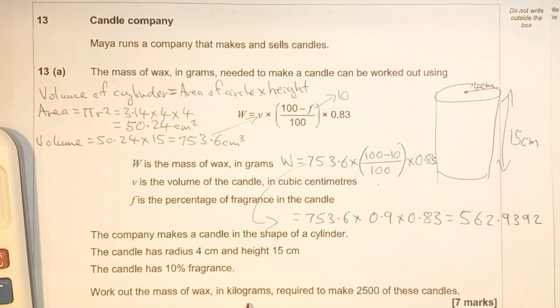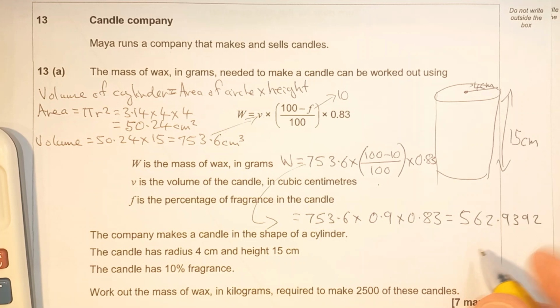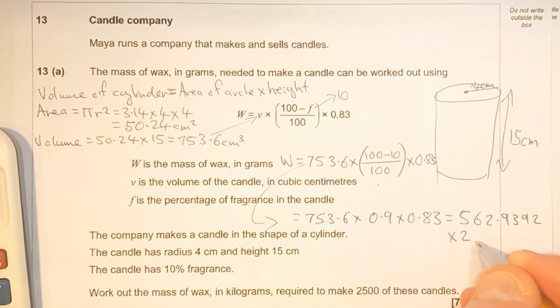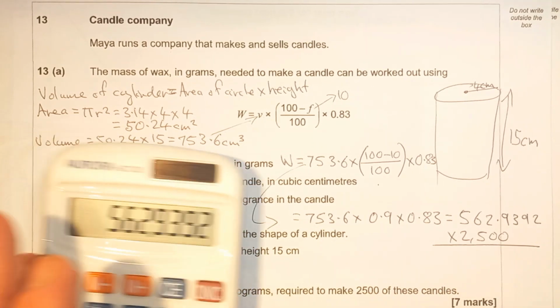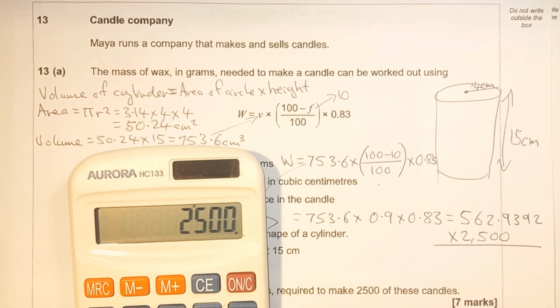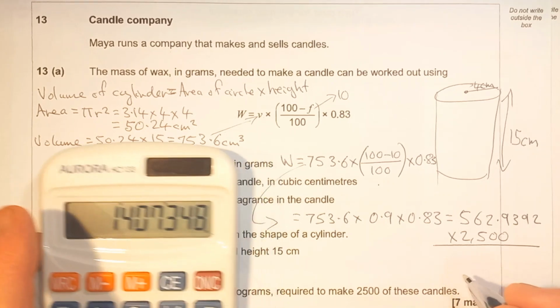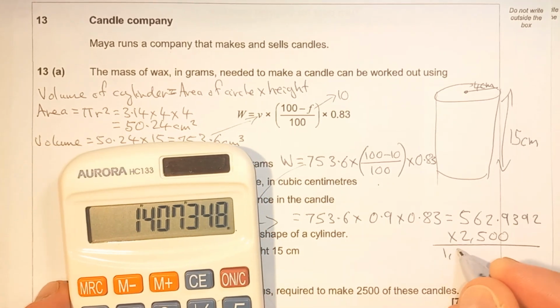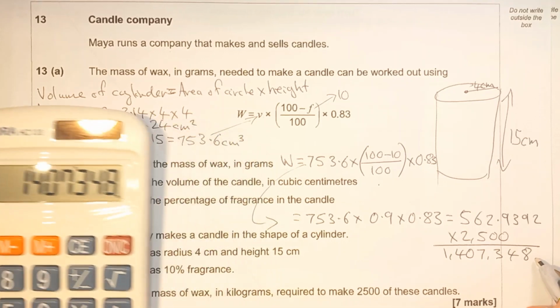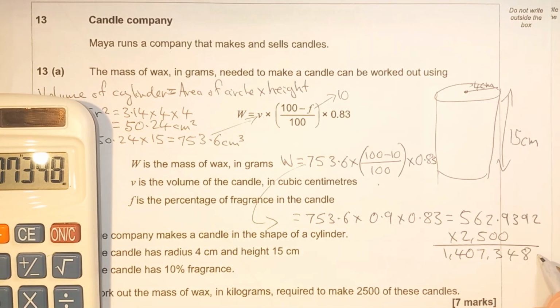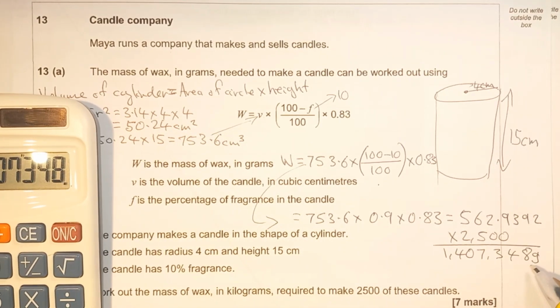We want the mass in kilograms, but we want that mass of 2,500 of these candles. Okay, so we're going to want to multiply this by 2,500, which is 1,407,348. That is in grams.